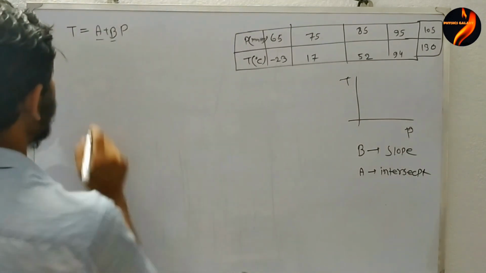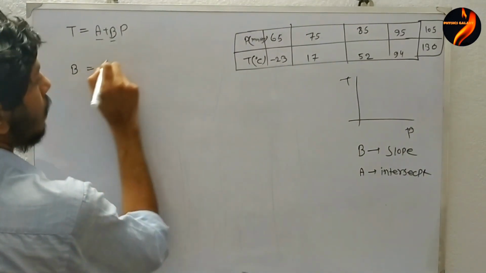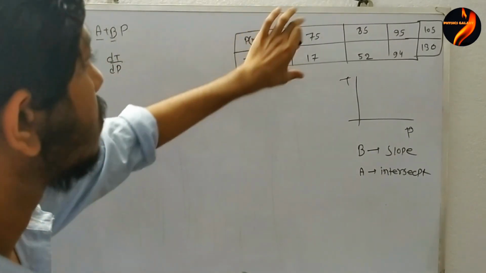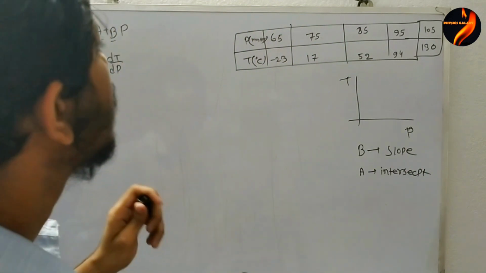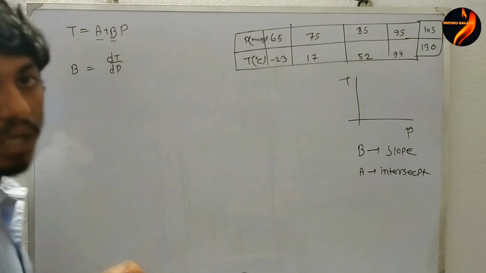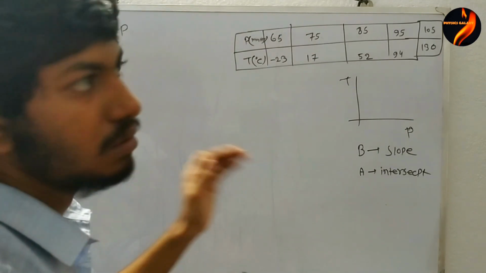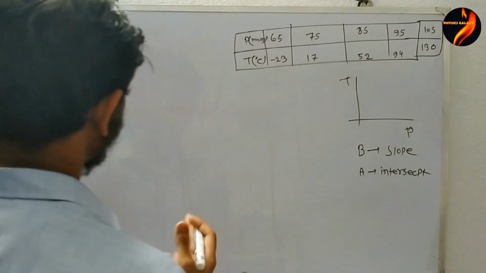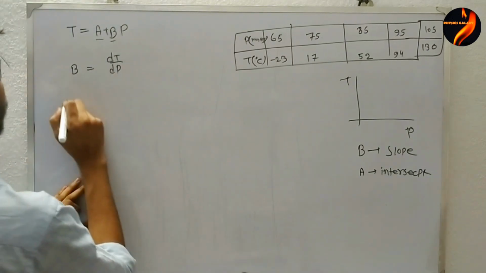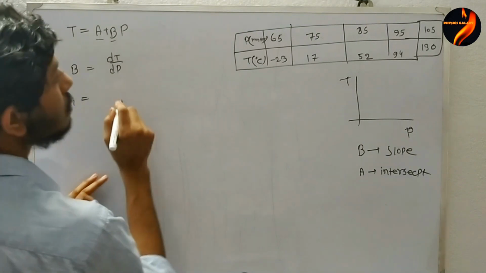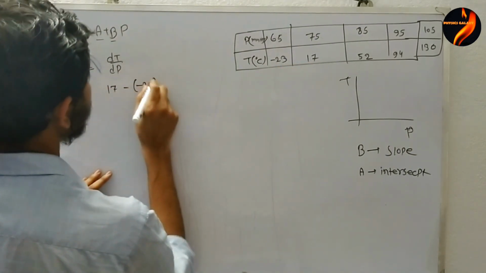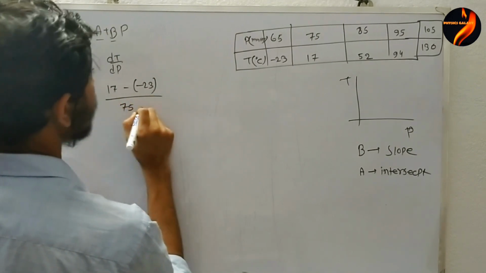Now for B, this is dT/dP. So from this data we get many values of B, and then we take the average of these values of B and we get the most accurate value of B. So first of all, B1 is 17 minus 23 divided by 75 minus 65.